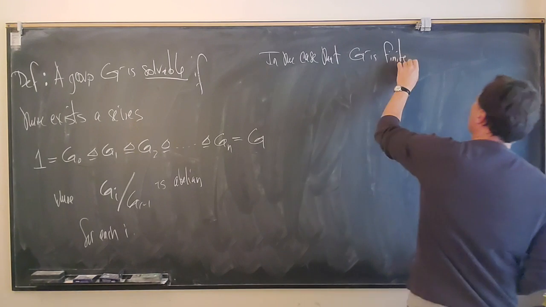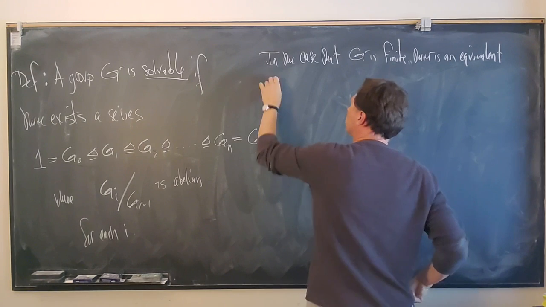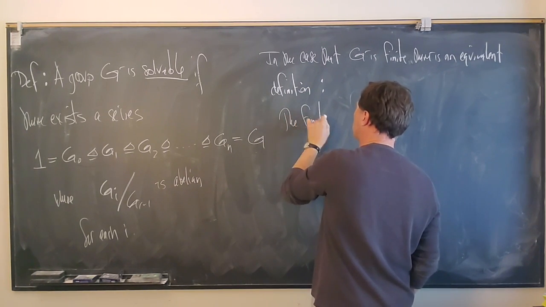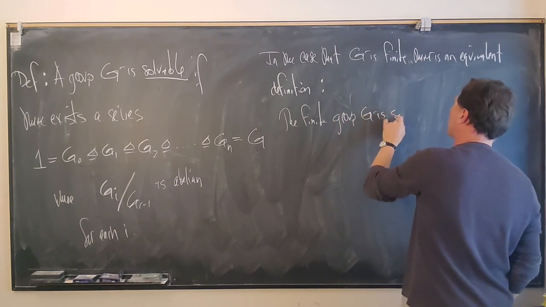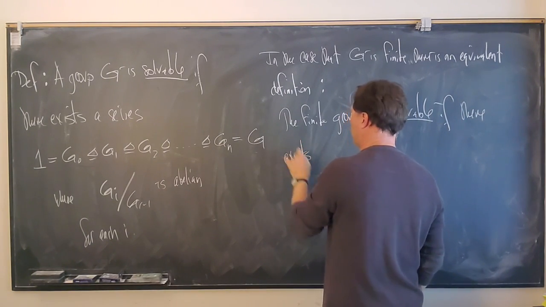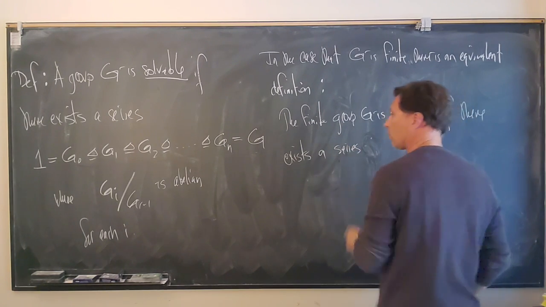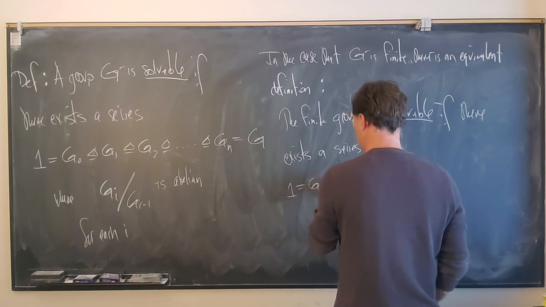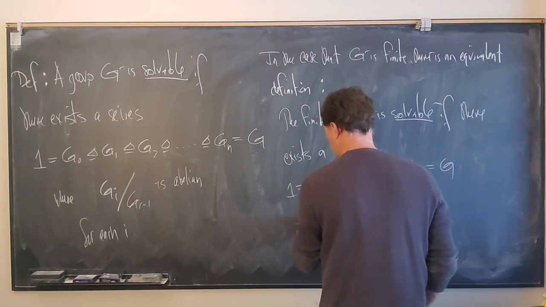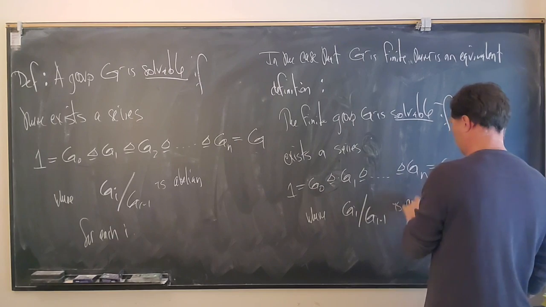So the finite group G is solvable if there exists a subnormal series, so a series 1 equals G0 normal in G1 dot dot dot normal in Gn, which equals G, where each quotient is cyclic, where Gi mod Gi minus 1 is cyclic.